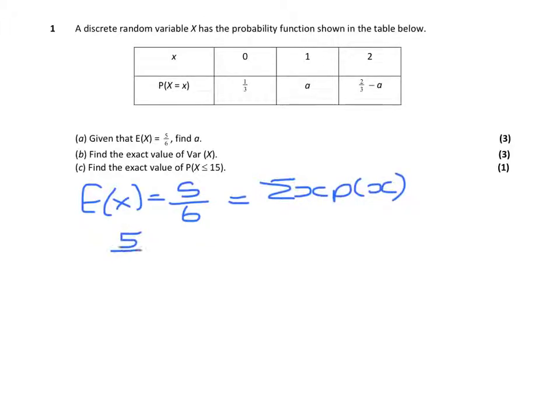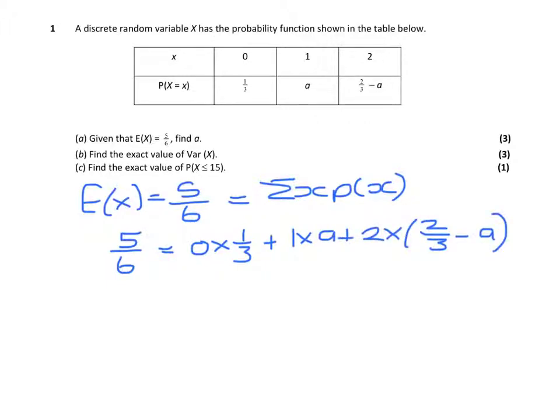So 5/6 has to equal 0 times 1/3, plus 1 times a, plus 2 times, and be careful here to use a set of brackets, (2/3 minus a). So 5/6 has to equal a plus 4/3 minus 2a.